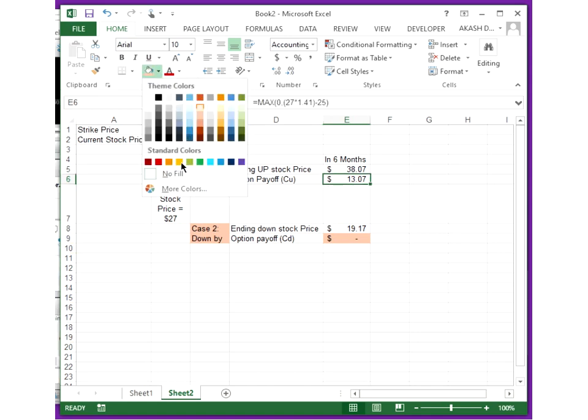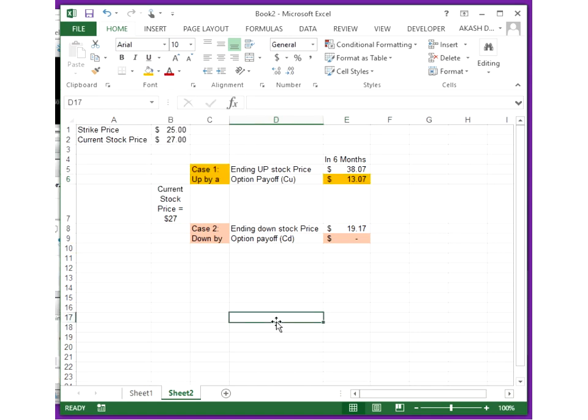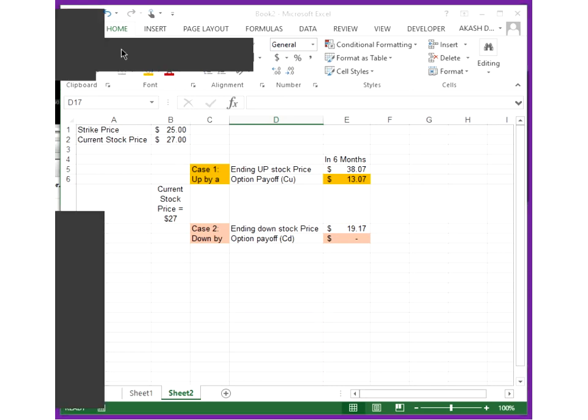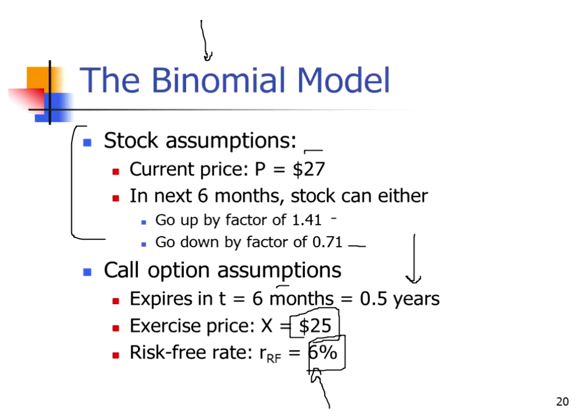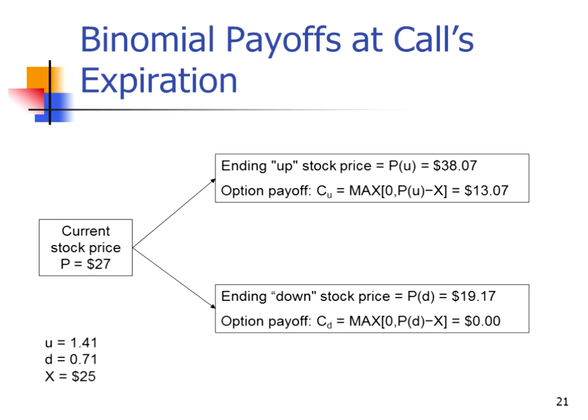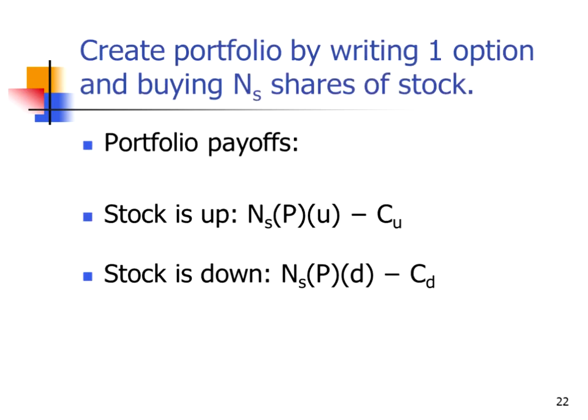You will not exercise. In this case, yes, you will exercise, and the value is going to be 13.07. The option payoff will be 13.07. Okay, so this is exactly what we have calculated. It's the same thing that we have done.